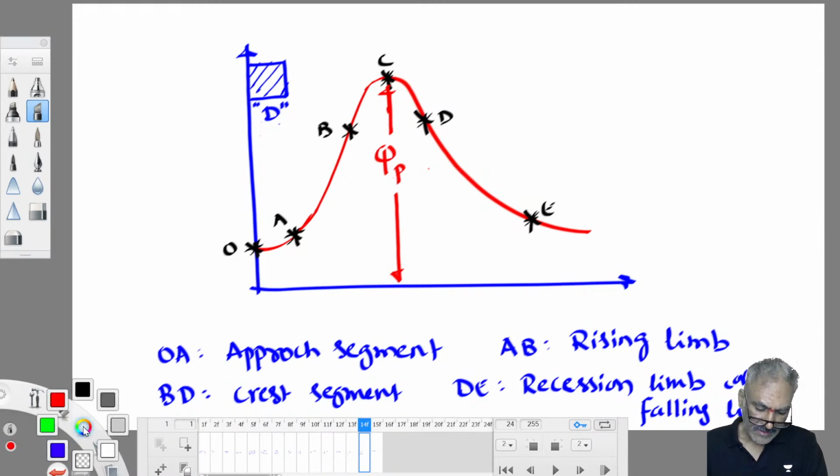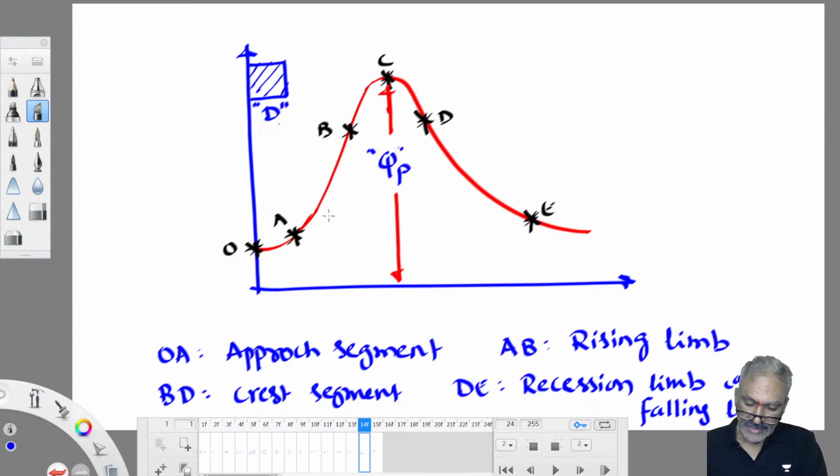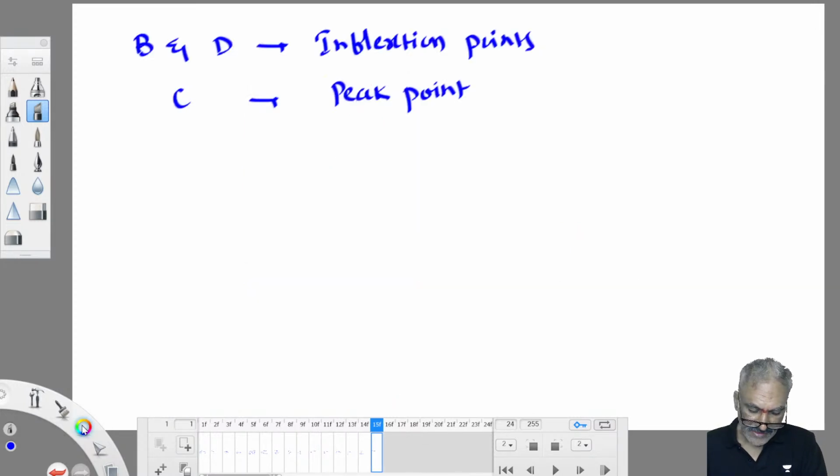Okay, this is called QP, the P coordinate of hydrograph otherwise. So, this A point is called point of rise. A is called point of rise.